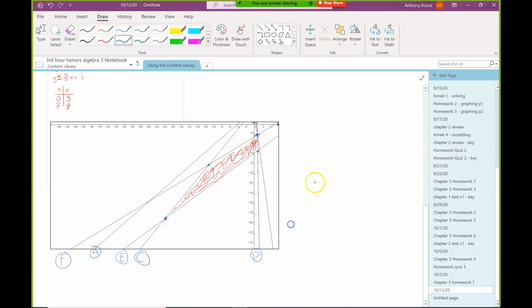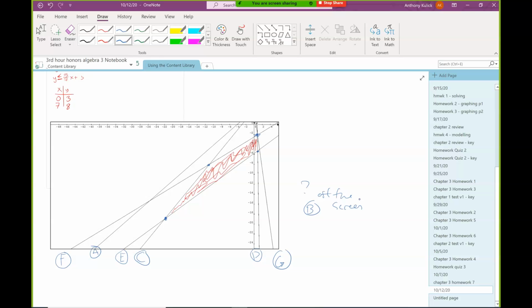This one is G, excuse me. And B is somewhere off the screen. Okay. Sorry that we didn't do that as we were going. That would have made life a lot easier. Okay.